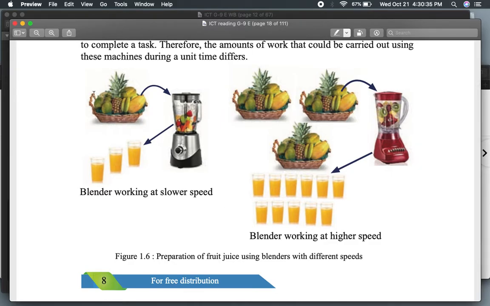The input is the fruit basket for the first blender and 3 fruit baskets for the second blender, and the resulting output, which is given simultaneously, is greater with the better blender.